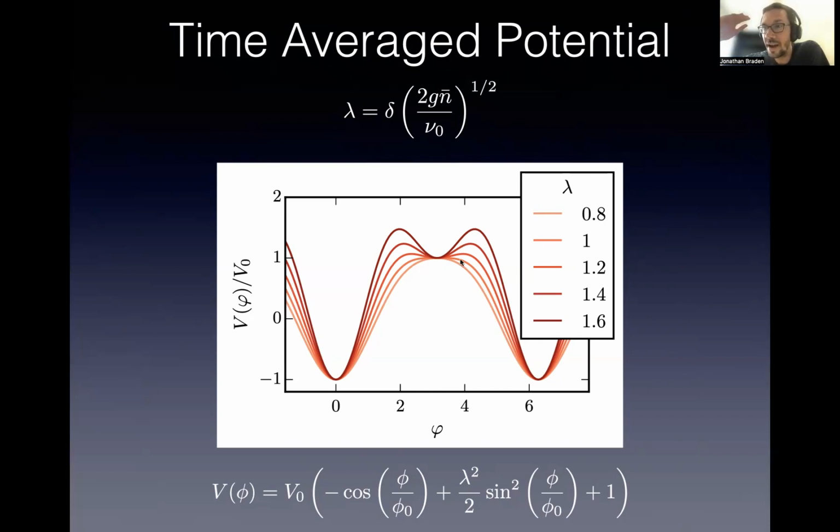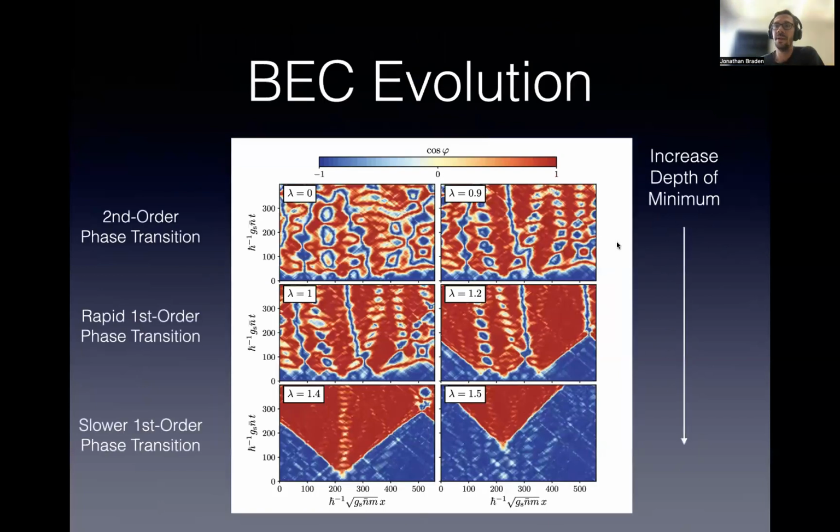When it's equal to 1, I have an effective quartic potential at the maximum, and if it's bigger than 1, there's actually a local minimum. So as I move from the top to the bottom, I'm increasing the depth of this minimum. If I have no modulation, I've just put this particle at a local maximum, so it undergoes a second order phase transition, there's a spinodal instability.